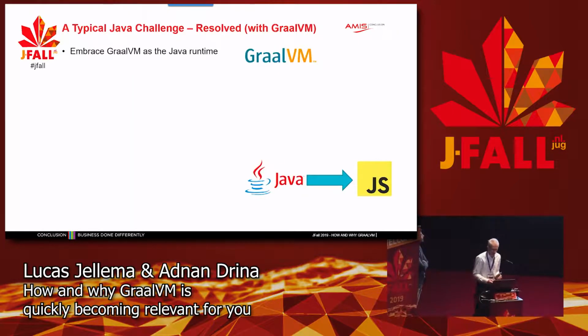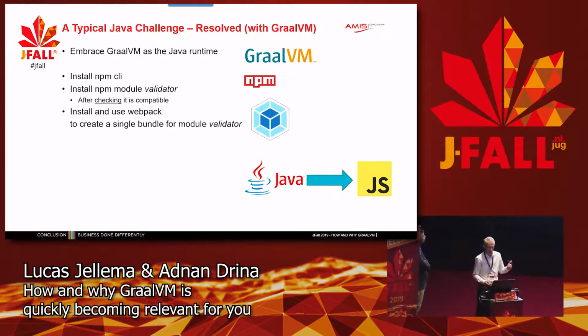So the next steps are I use GraalVM as my runtime, not just any regular JVM. I install a bunch of npm tools, and then I use Webpack or another JavaScript bundling tool to turn the JavaScript module, which is composed of dozens of different JavaScript files, into a single file.